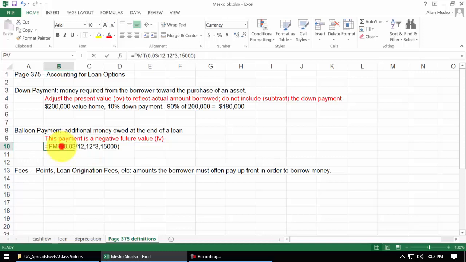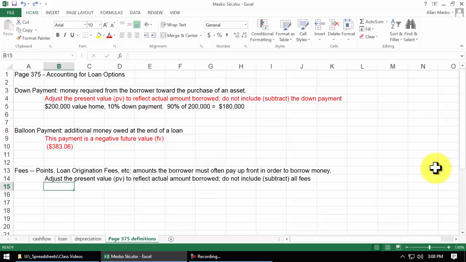So when we write the formula, instead of saying our future value is 0, we're actually going to owe $2,000 at the end of that time, so we would list that as a negative future value, which says, oh, you can pay only $386 a month for 3 years, but then you're going to have to come up with $2,000 cash at the end of the 3 years' time.